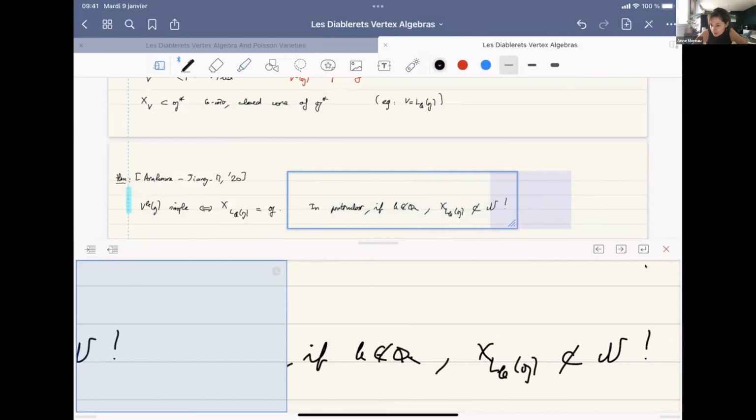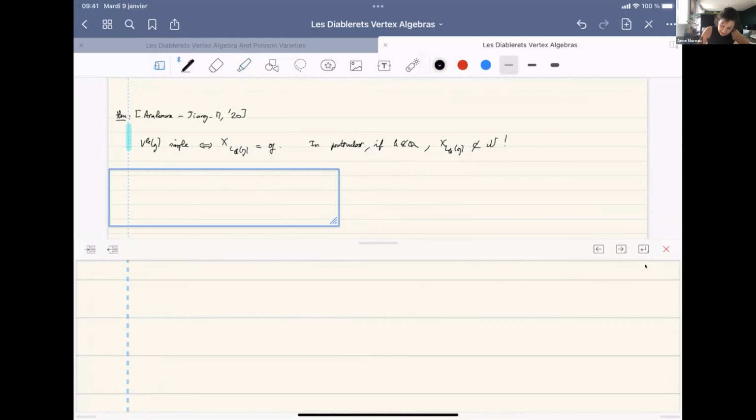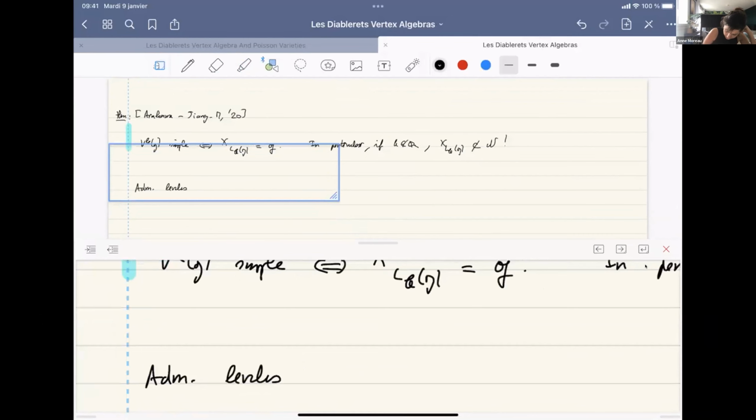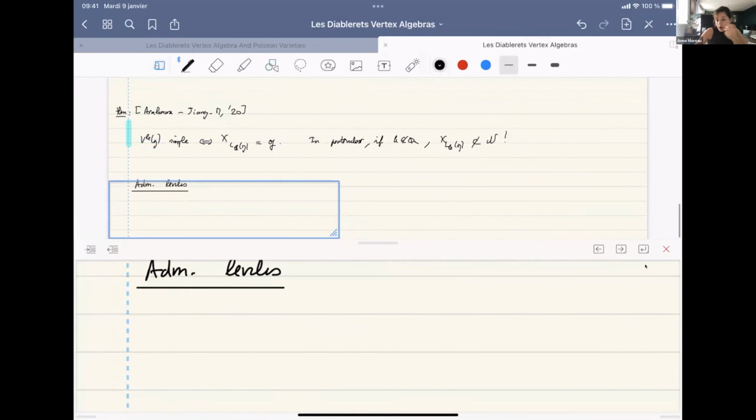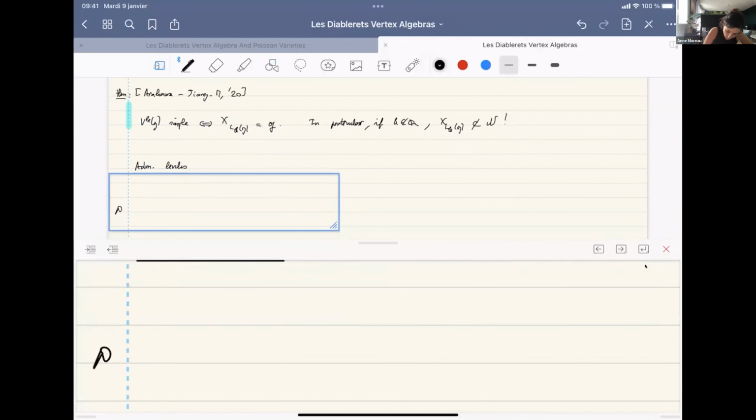All right, so now let's concentrate on families where this variety behaves like primitive ideals. So now I would like to consider admissible level. Okay, so here I would like to give a definition of admissible weights, which is due to Kac and Wakimoto.